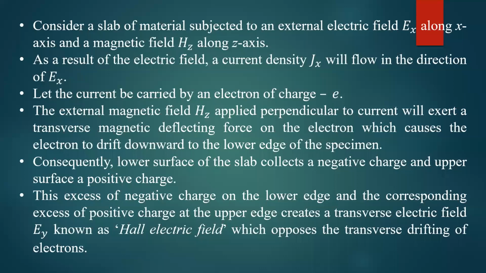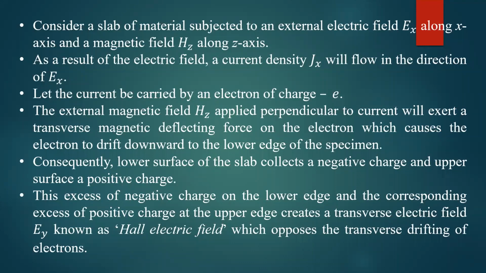This excess of negative charge on the lower edge and the corresponding excess of positive charge at the upper edge creates a transverse electric field. That transverse electric field will be in the direction of y, and that is denoted as Ey, which is called the Hall electric field, which opposes the transverse drifting of electrons. Again, it will oppose the flow of electrons along x direction.